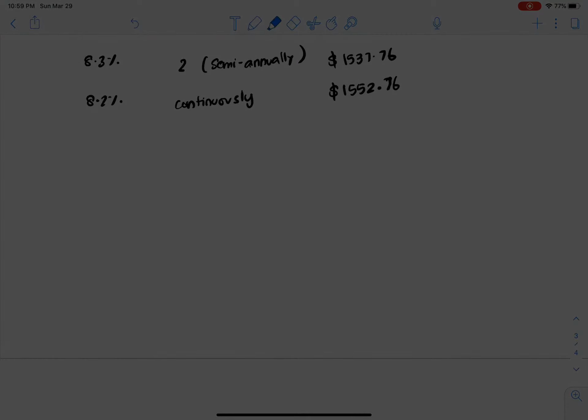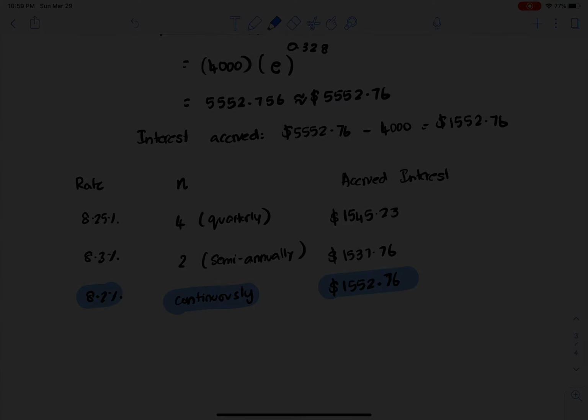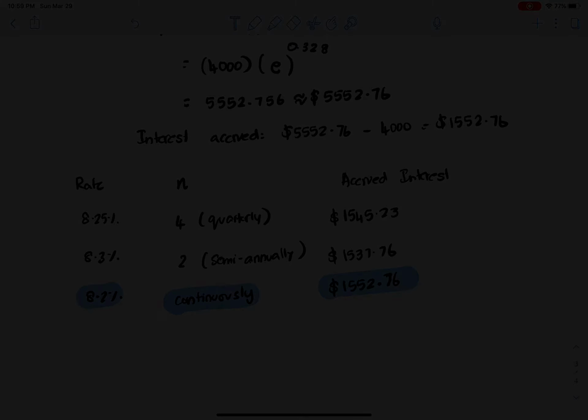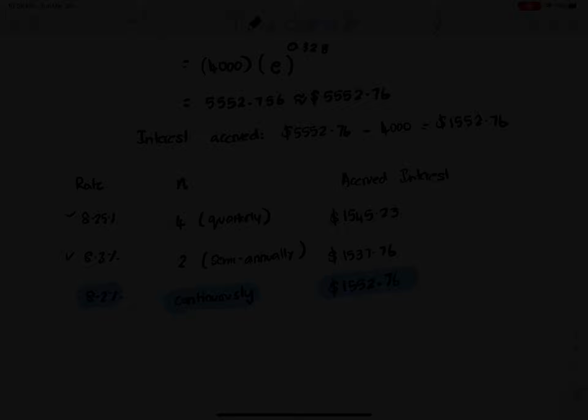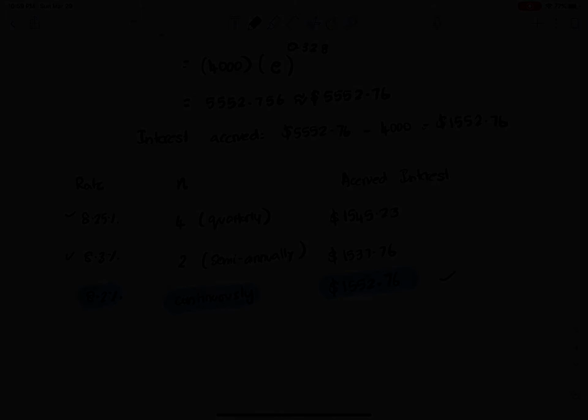So obviously, continuous compounding is the way to go. Even though the rate is small compared to the other two cases, we get a better yield at the end here because of the fact we are compounding continuously. Unfortunately, most investments do not compound continuously.